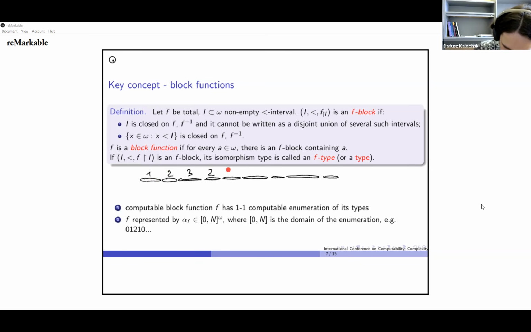So you can represent a block function by a sequence of natural numbers, which denote types. This concept will be important later.